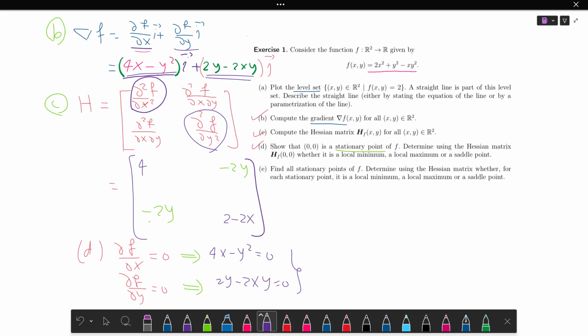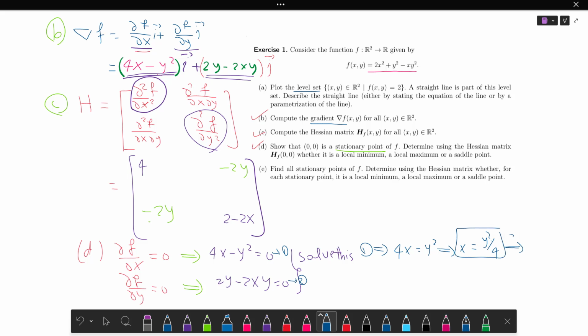How to solve this? Are you allowed to use a calculator? Even if you are allowed, you cannot solve these two with the calculator because it only handles linear equations, right? So it is easy to call this one 1 and this one 2. From 1, you can get 4x equal to y square, so x will equal y square over 4.